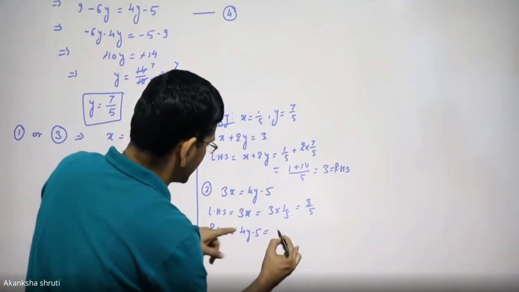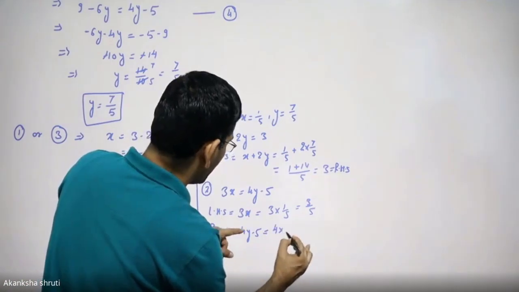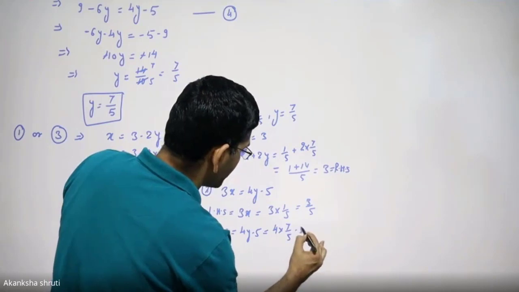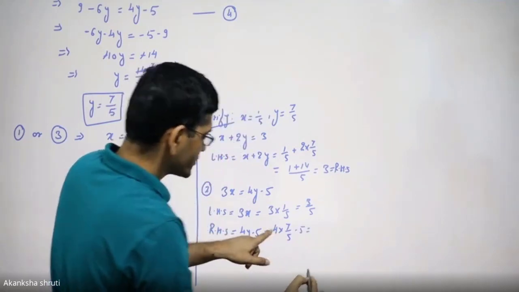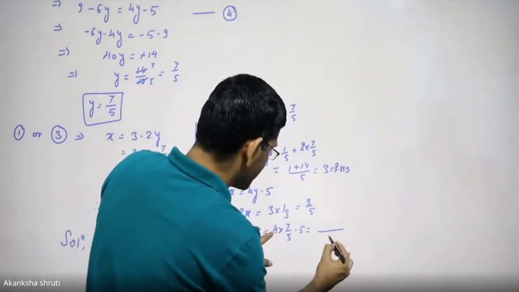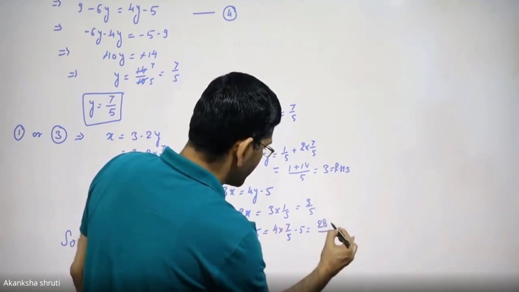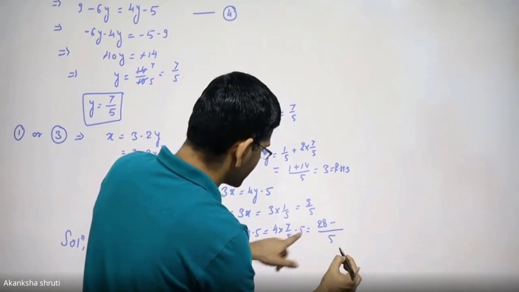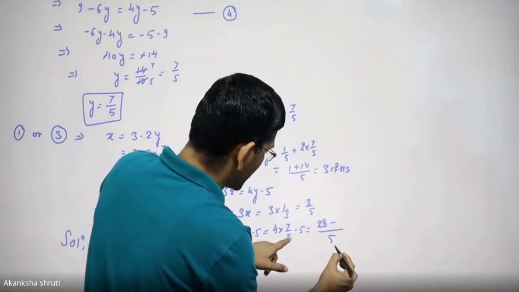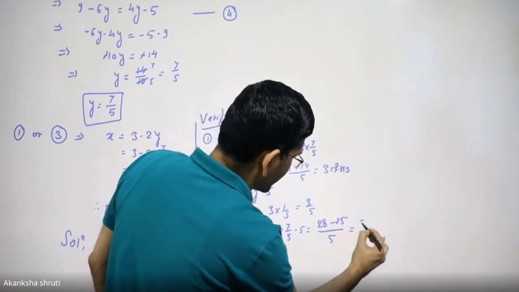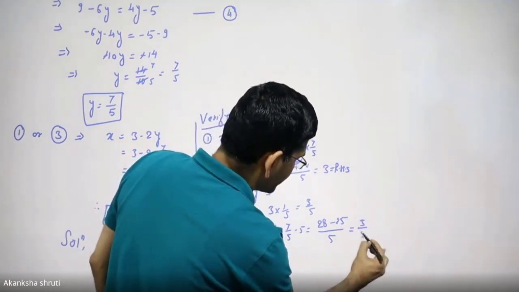Go for calculating it. It is 4 into y, 7 by 5, minus 5. Taking the LCM as 5, 7 4s are 28 minus, LCM is 5, so it will go 5 times. So 5 into 5 is 25. We are left with 3 in the numerator and 5 in the denominator.